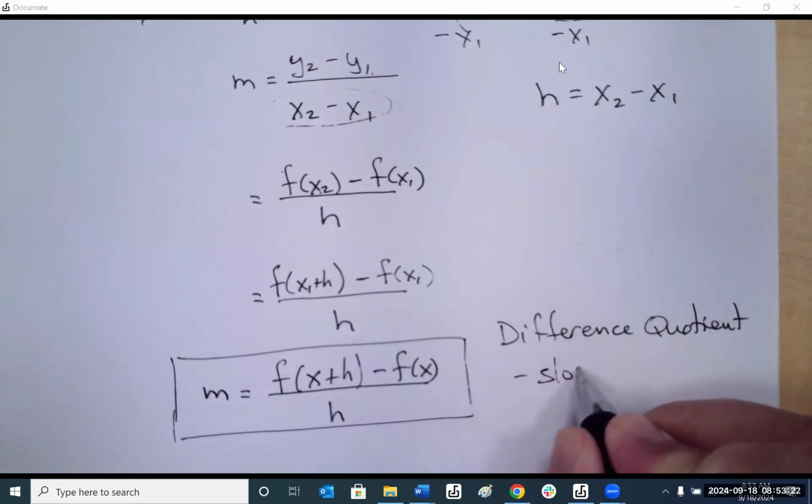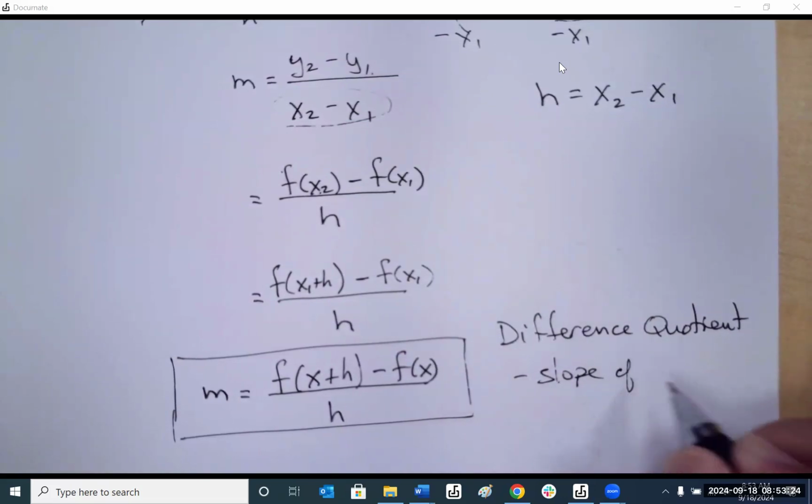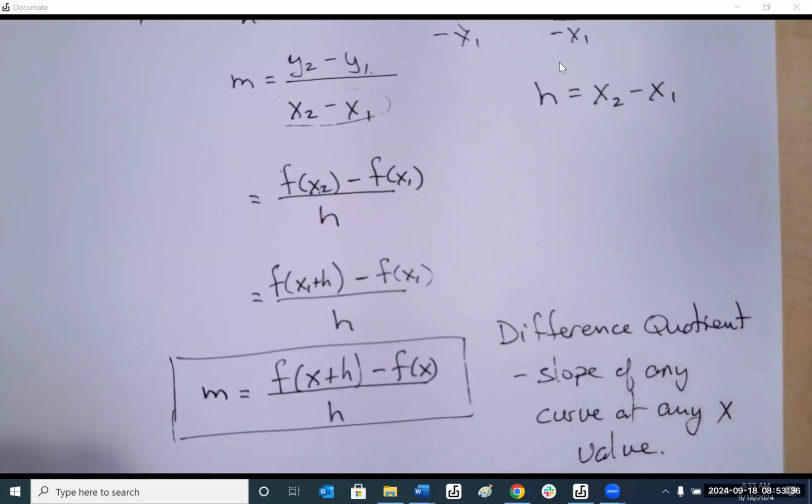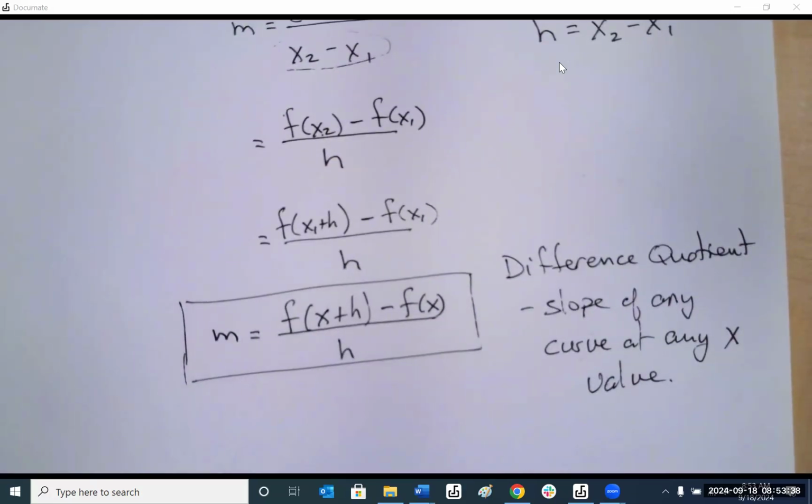It's the slope of any curve at any x value. It's the slope of the curve.